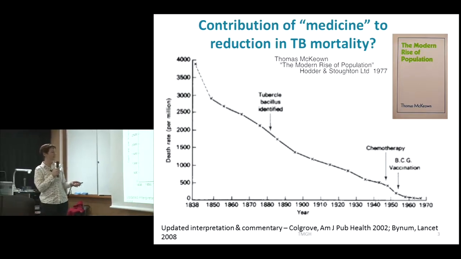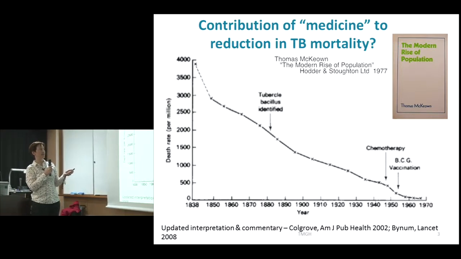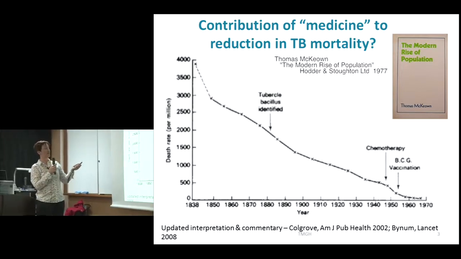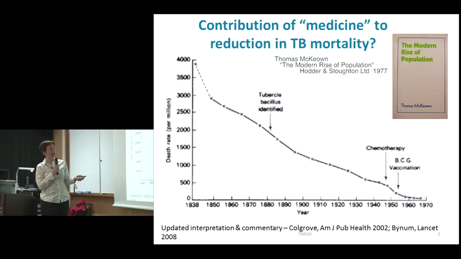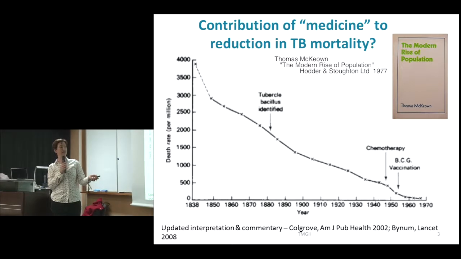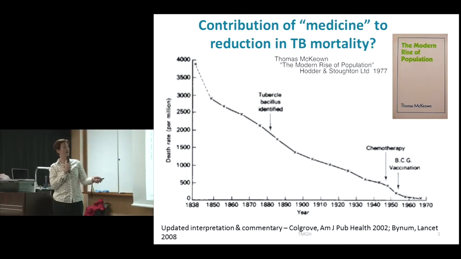So if we start from 1838, mortality is up here. Before we even knew what caused TB, mortality is massively declining. And it continues to steeply decline before there is any kind of drug therapy for TB. So this is when streptomycin was first discovered and used for TB, and this is BCG. So all of this was pretty much nothing to do with medicine.